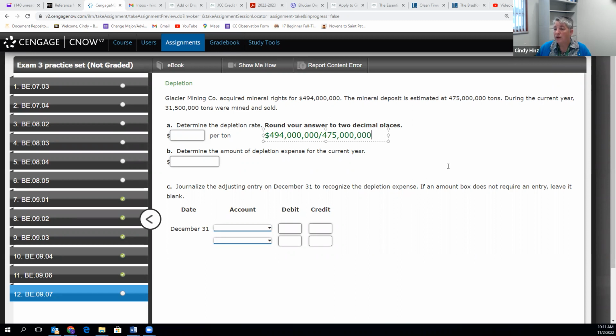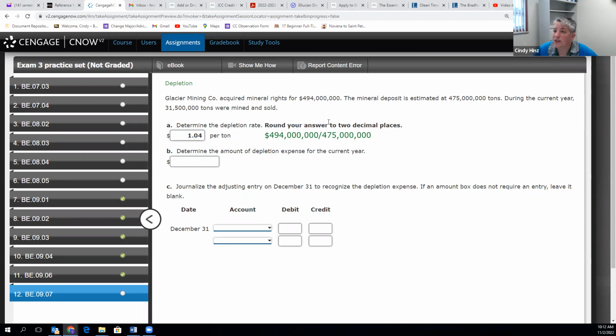And so before we even start doing the harvest, before we even make the purchase, we're going to calculate how much it's going to cost us in depletion expense per unit of that natural resource. In this case, it's per ton. So 494 million divided by 475 million tons gives us a depletion rate of $1.04 per ton.